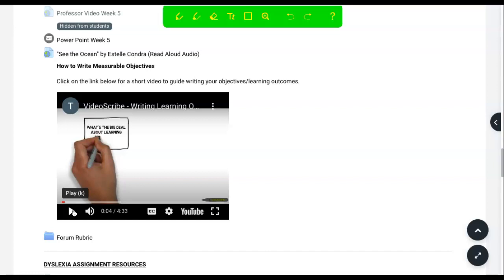Robert Marzano is also one of the most noted vocabulary gurus. He states the importance of direct vocabulary instruction cannot be overstated. Vocabulary provides essential background knowledge and is linked to academic achievement.